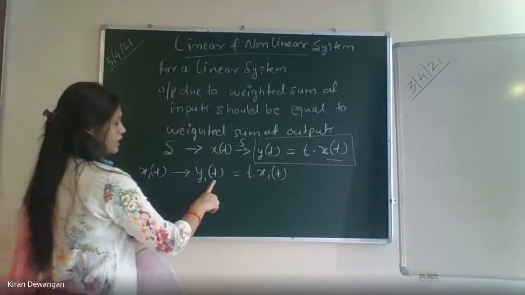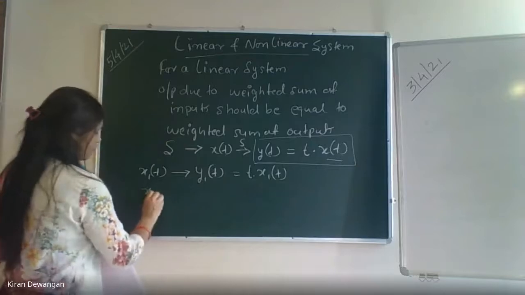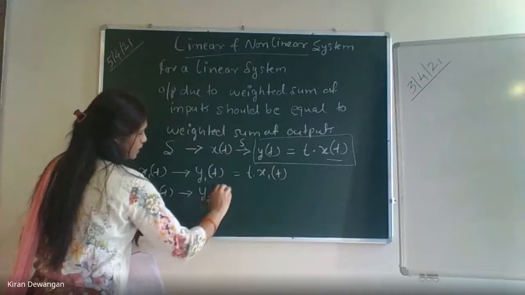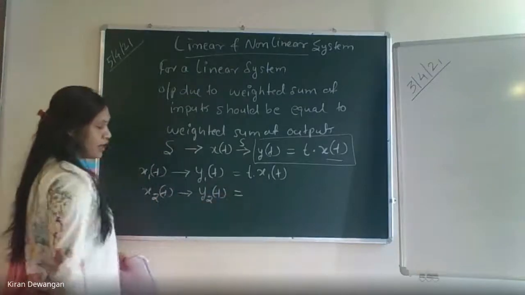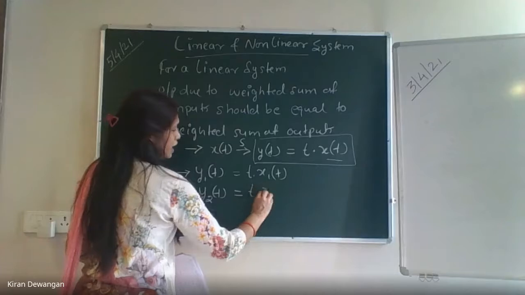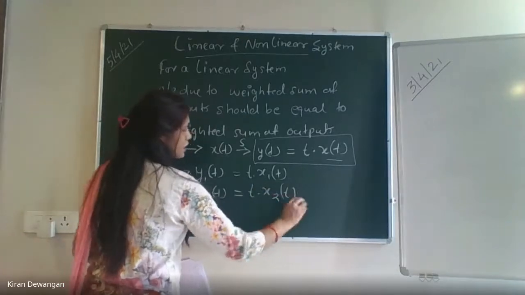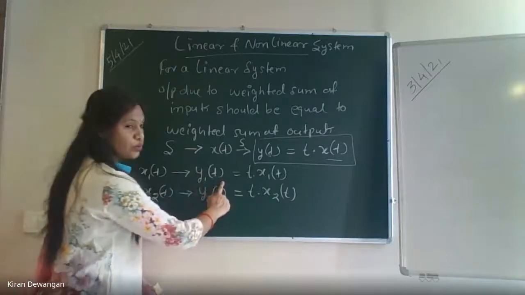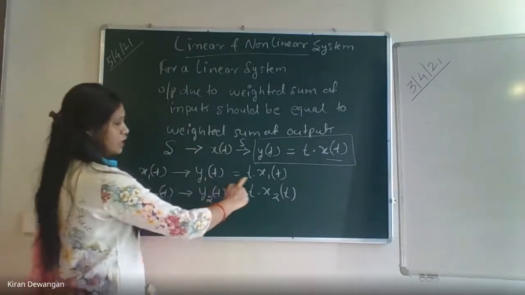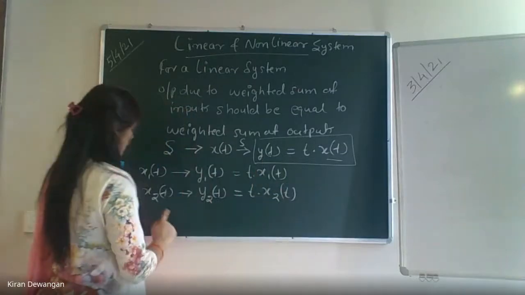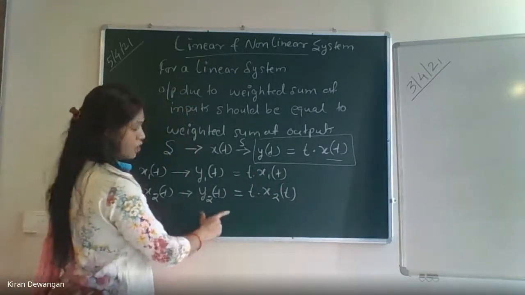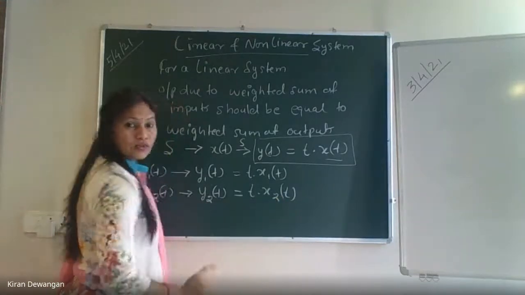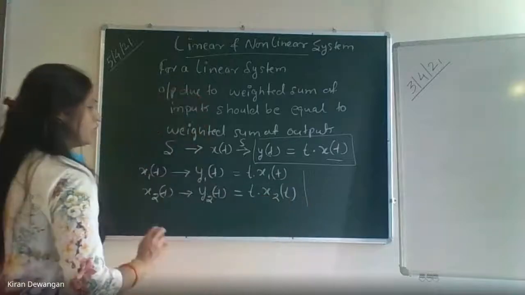Now, if x2(t) is the input, the output will be y2(t), and y2(t) is again t times x2(t). So this is the thing that we already know.